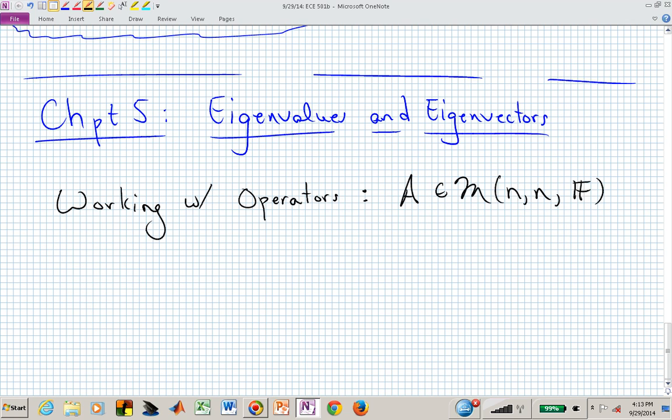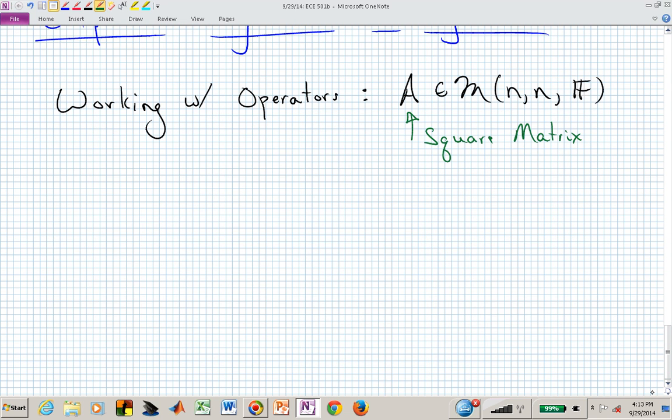Whether that field is real or complex, we will have to either know or be told. And we now have this linear transformation, which is represented by a matrix A as a square matrix.